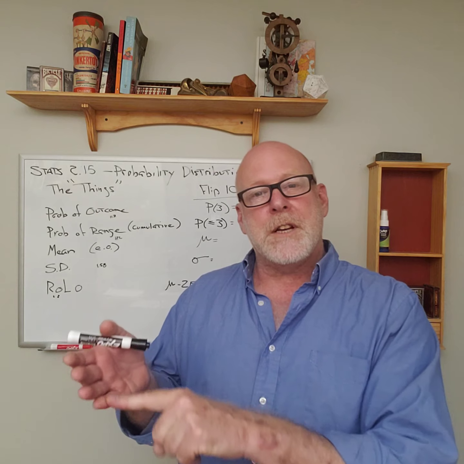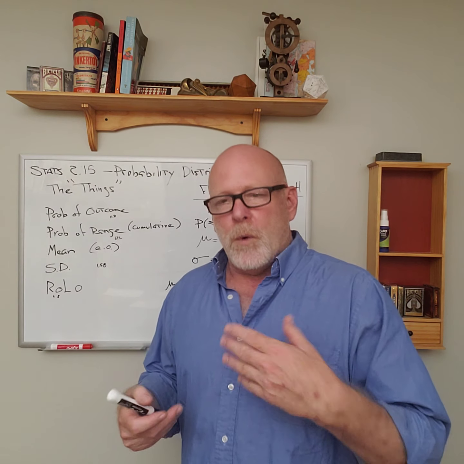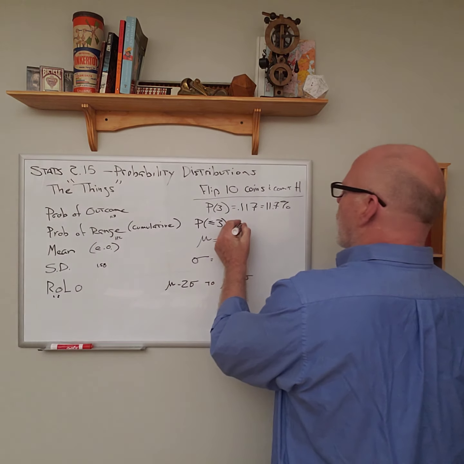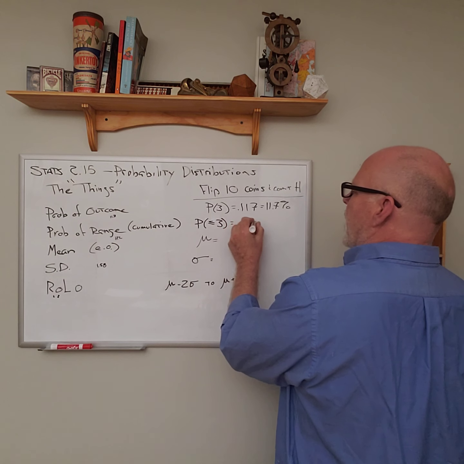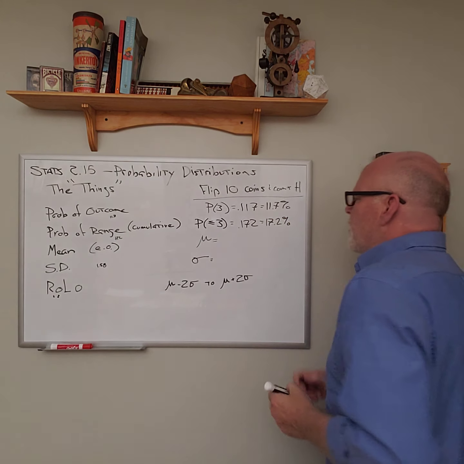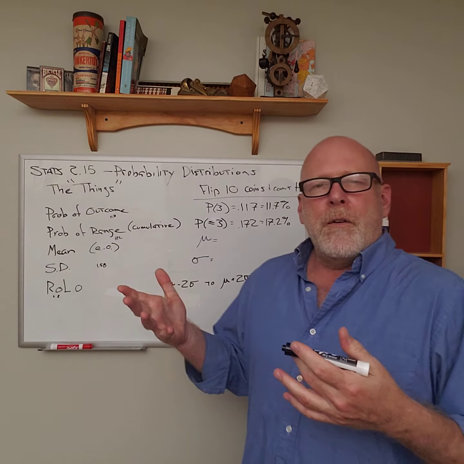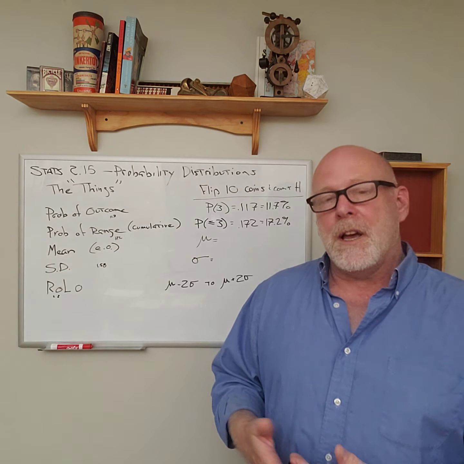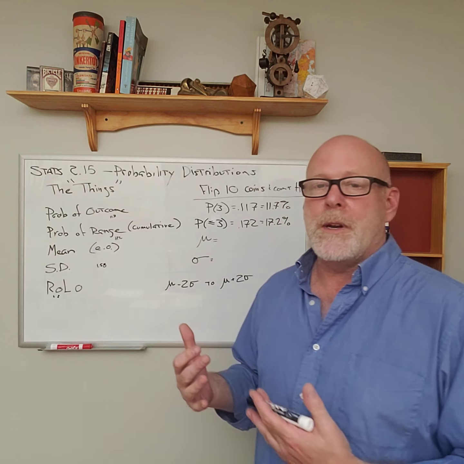We could calculate those all separately and add them up, but we're using the calculator, so we're going to be able to just calculate that all at once. And it turns out that for that example, it is 17.2% of the time. So flipping 3 or fewer heads is not really terribly unlikely to happen. It happens almost 20% of the time.